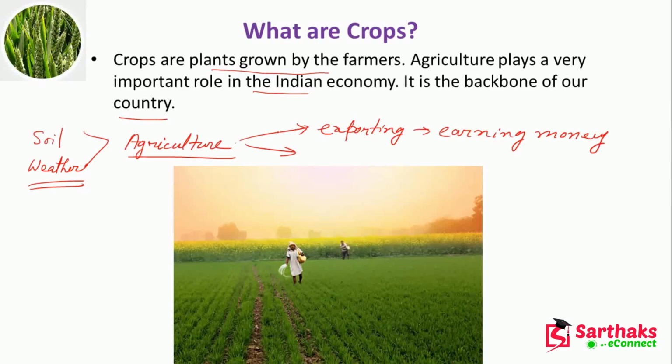So this is the exporting, and sometimes we are importing also few crops that are available in other countries. Okay, so the crops are plants grown by the farmers, those which we are cultivating in a large quantity, in a large field, and obviously the field should be cultivable, right? So these are the crops.